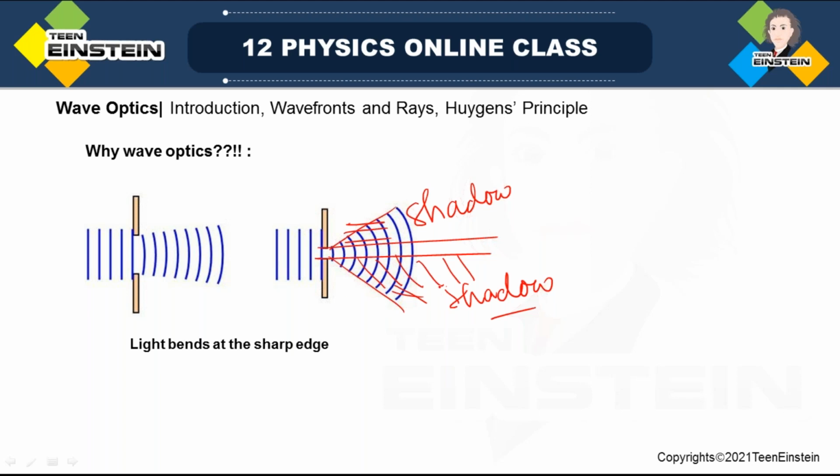This is one of the natural phenomena which ray optics was not able to explain. This bending of light at a sharp edge is called diffraction of light.